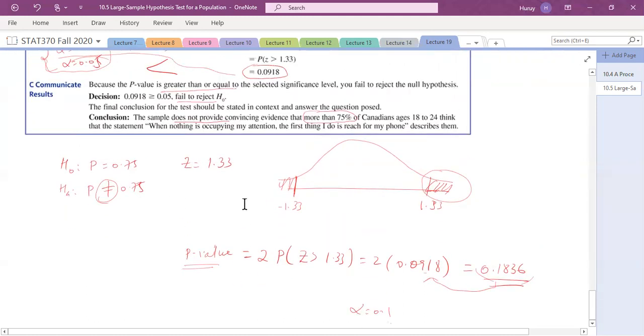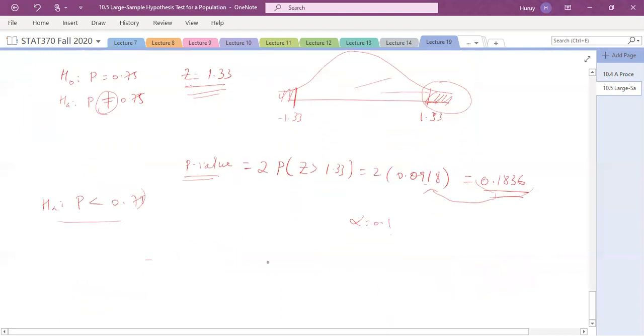Okay, and the same thing if this was the alternative hypothesis. Well, this doesn't make sense somehow because this is too large. But anyway, once you calculate the test statistic, this is what you're going to get, and your p-value will be all this area.